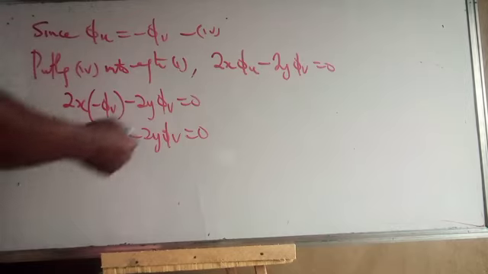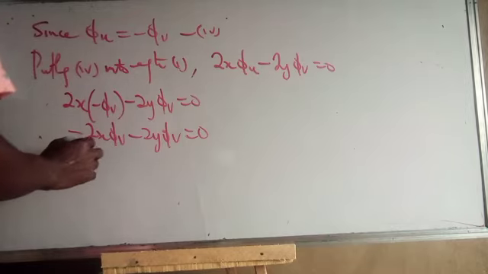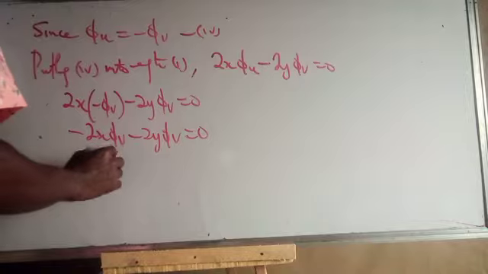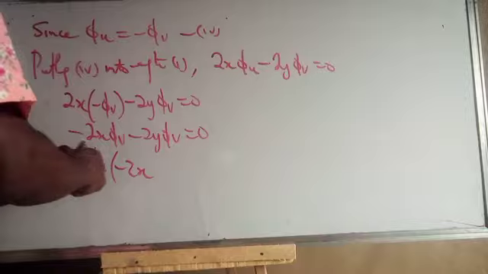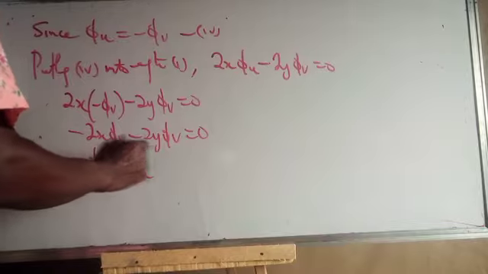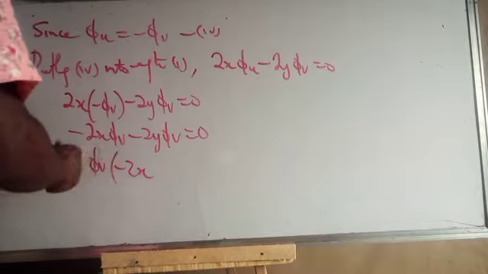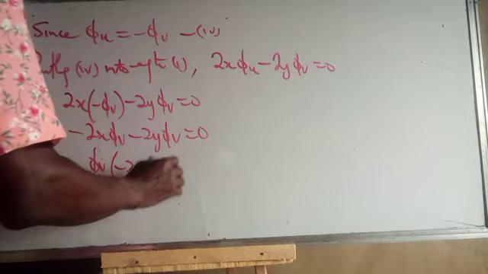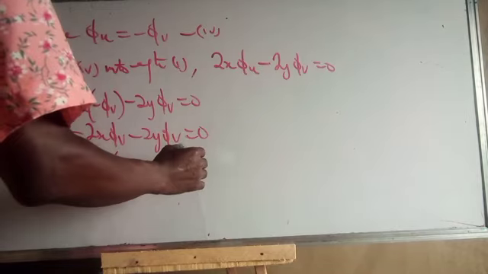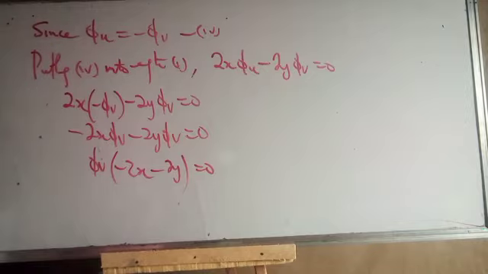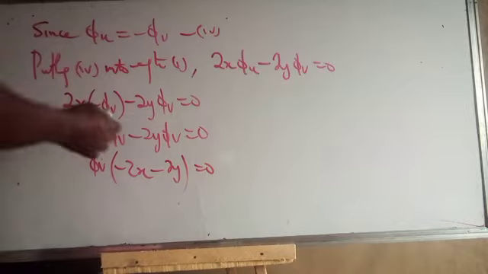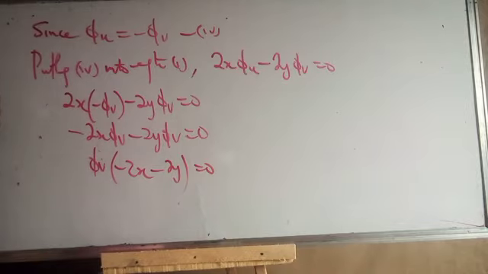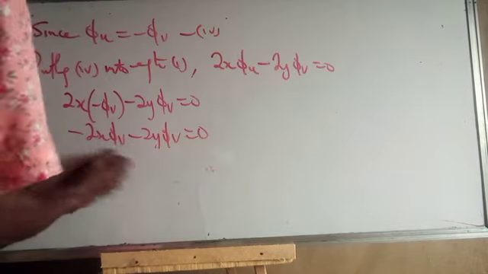Phi v is common, so that implies that phi v times minus 2x minus 2y is equal to 0. Or whichever method you want to use, you can even divide both sides by 2. I think that would be better.